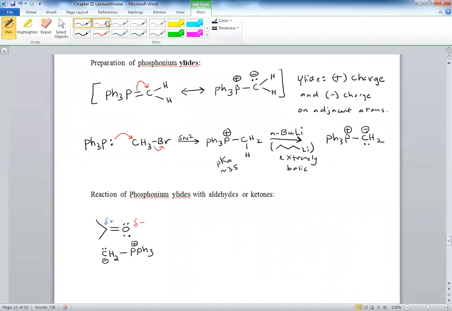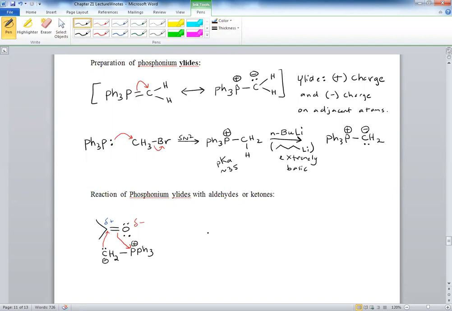All right, so the mechanism goes like this. This lone pair attacks that carbon. Yes, you could put it just the usual way, but here it's nice if you align it this way. And then the pi electrons, not the lone pairs, attack the phosphorus. Therefore, you're forming a four-membered ring now.